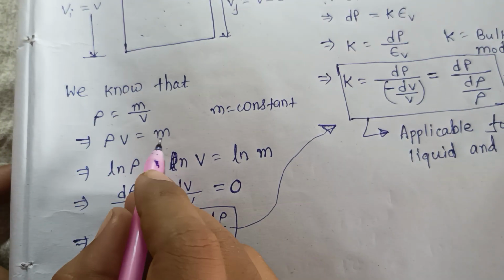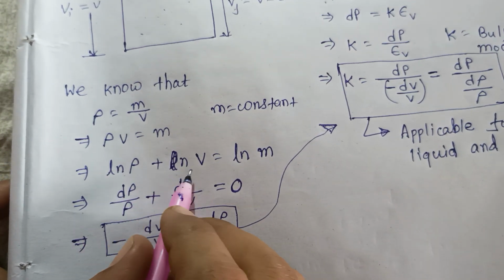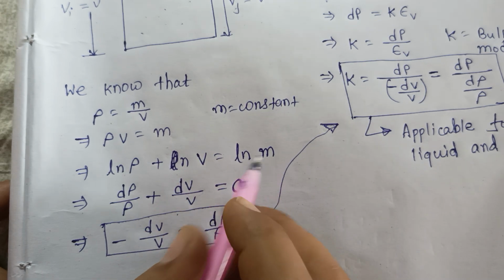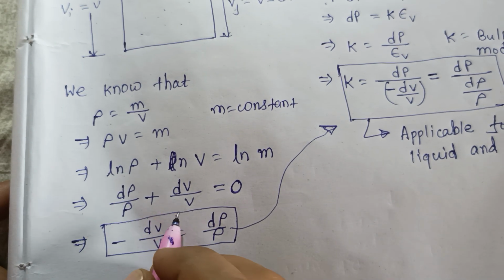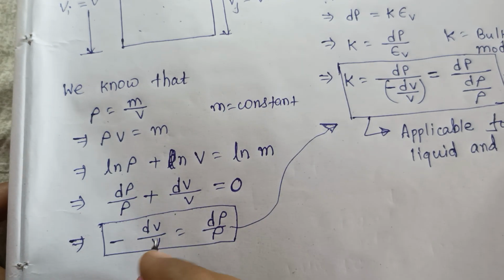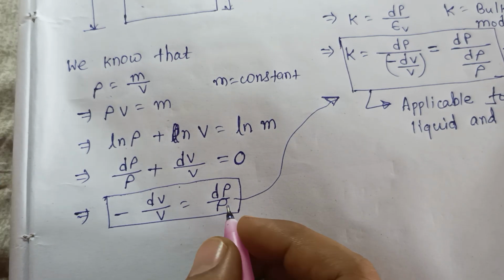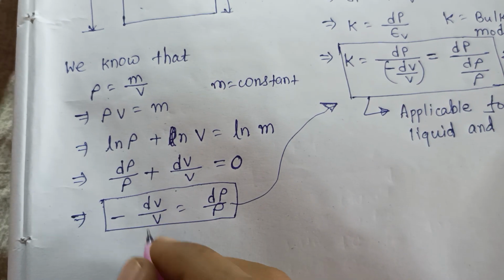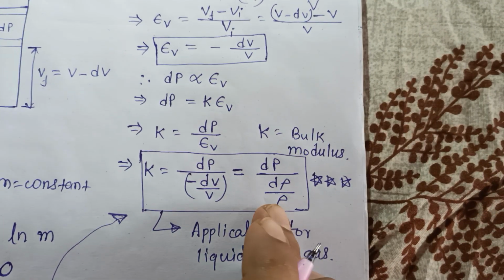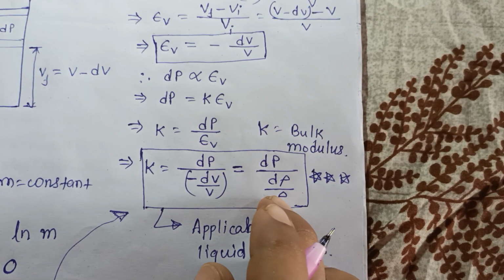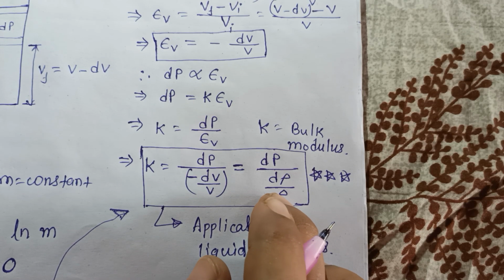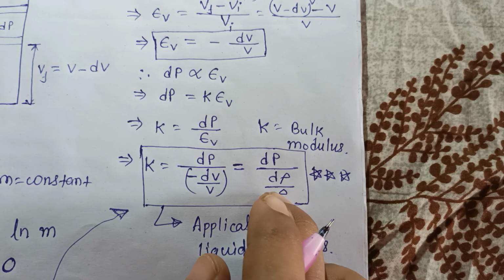So ln rho plus ln V equals ln m. So d rho by rho plus dV by V equals 0. So from here minus of dV by V equals d rho by rho. This formula is very important for solving problems.